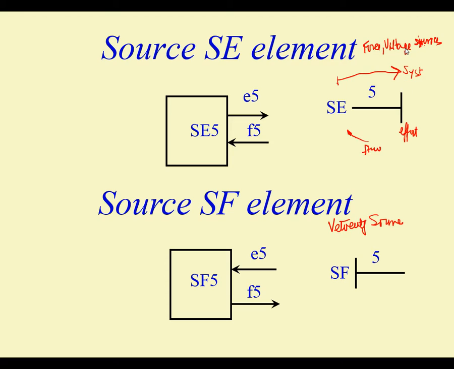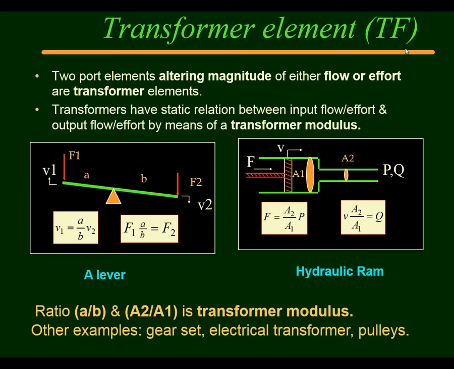Okay, so those are the two elements, the flow source and the effort source. Now there are two elements that we call two-port elements, and you can see they are very well indicated on these two pictures.